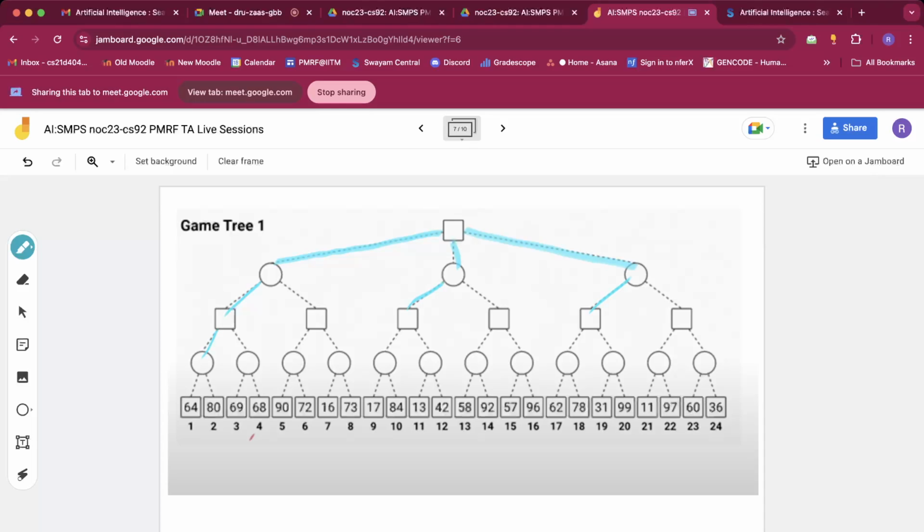Again, all children of the max nodes, and the leftmost child of the min nodes. So this gives us 1, 3, 9, 11, 17 and 19. These nodes form our initial clusters.